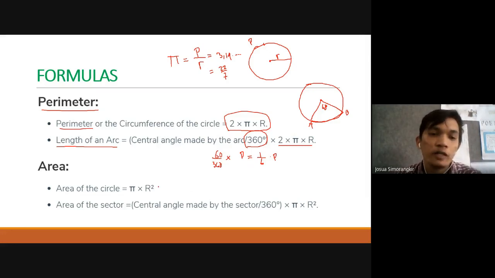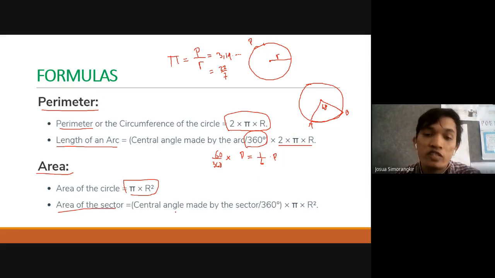Second, if we want to find the area of the circle, meaning the whole area inside the circle, we use this formula: pi multiplied by r to the power of 2, pi r squared. Pi could be 3.14 or 22 over 7. And if we want to find the area of the sector, it's easy too.